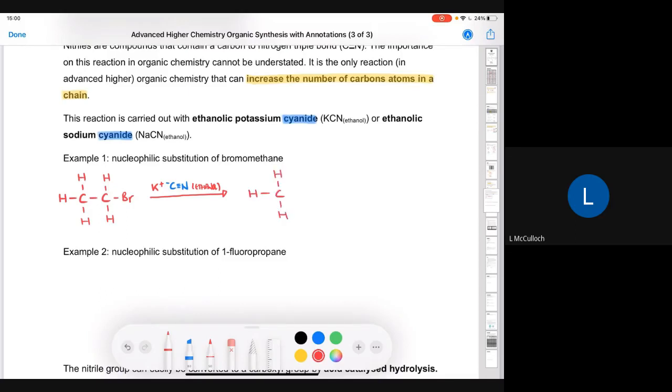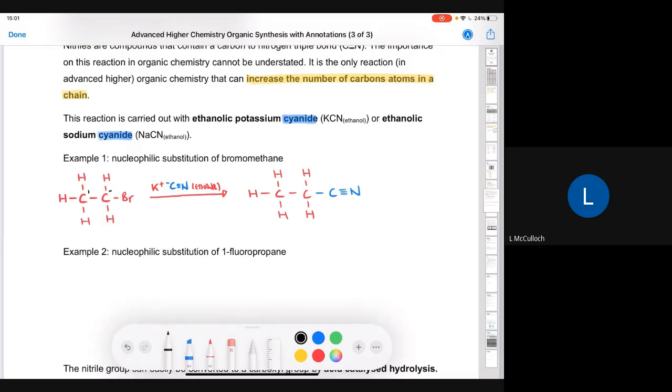What we're going to do here is just a straight substitution. The bromine is going to come off, and we are adding that carbon to nitrogen triple bond. I'm going to number the carbon atoms in the longest chain so we can see that it's increased.